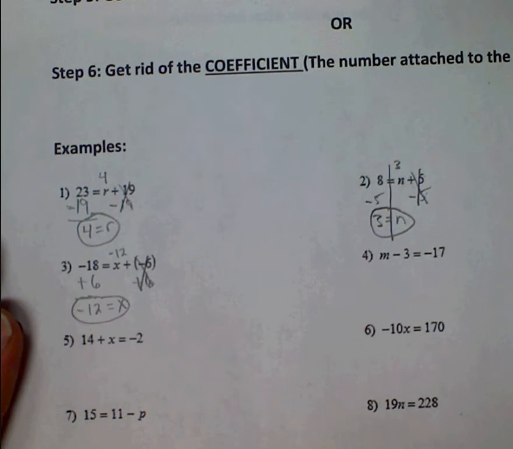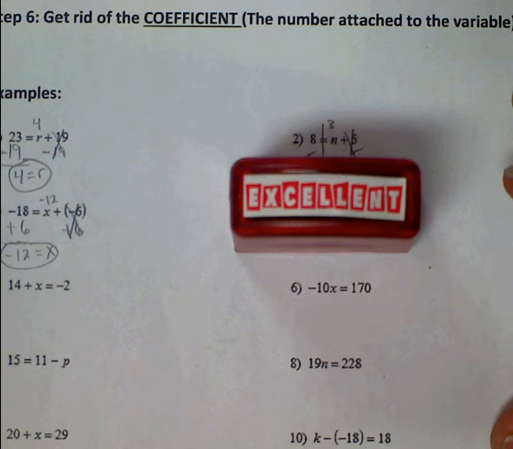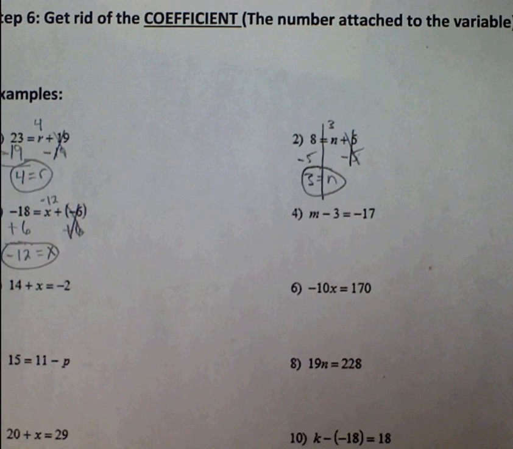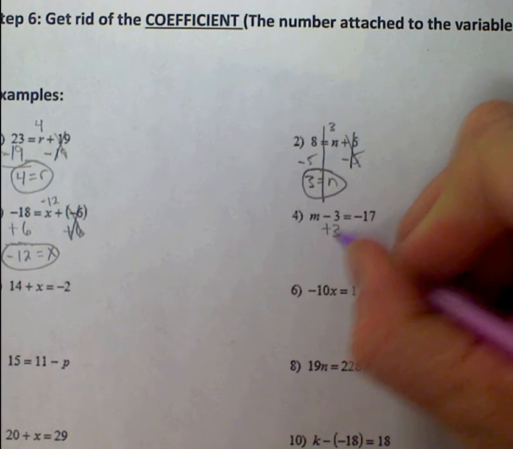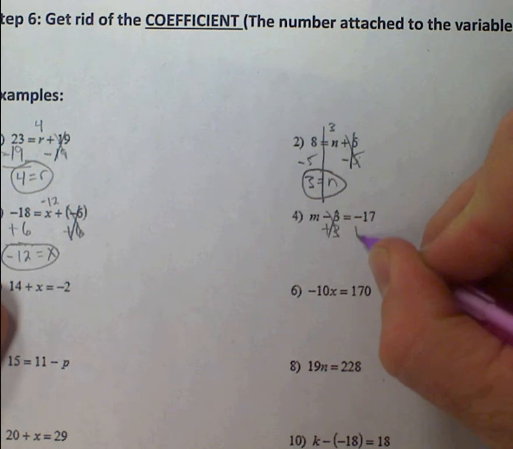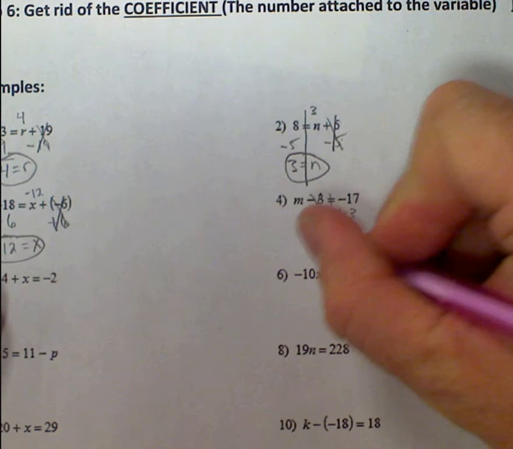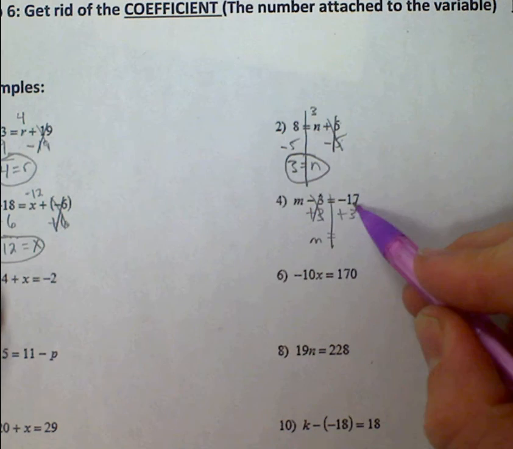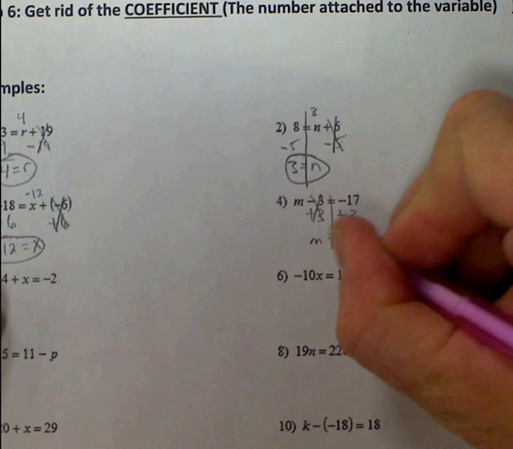That works out. Number 4, pause the video and try. On number 4, m minus 3. To get rid of minus 3, I have to add 3. If I add 3 on one side, I have to add it on the other side. Negative 17, so debt 17 plus 3 would be debt 14.